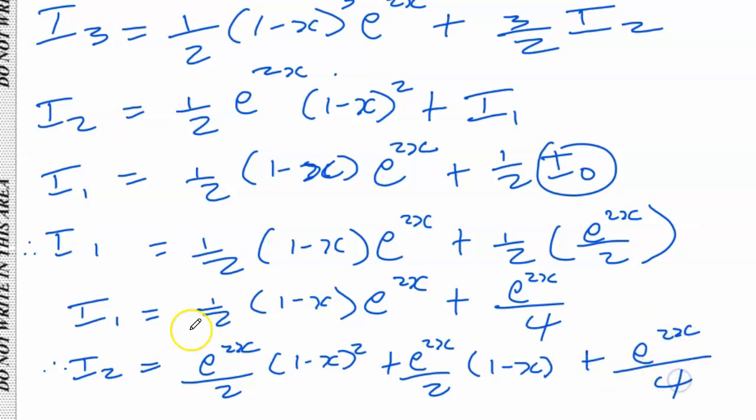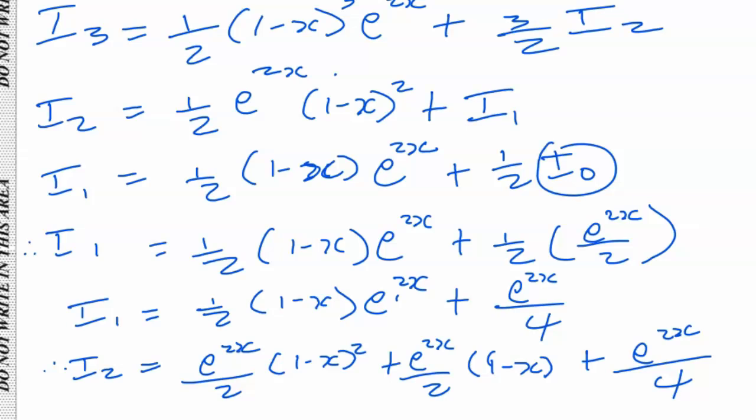Let's go over I2 again, just to make sure there is no error. There are no errors. So I2 is e to the 2x over 2, 1 minus x squared, plus I1, and we just found I1 to be e to the 2x over 2 into 1 minus x plus e to the 2x over 4.